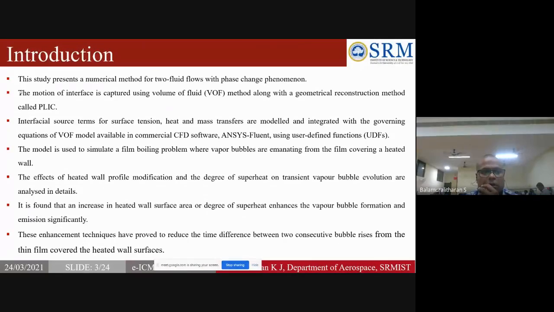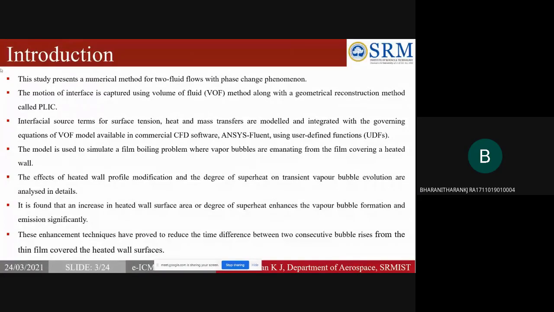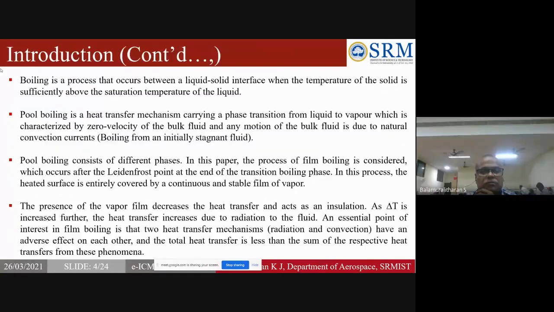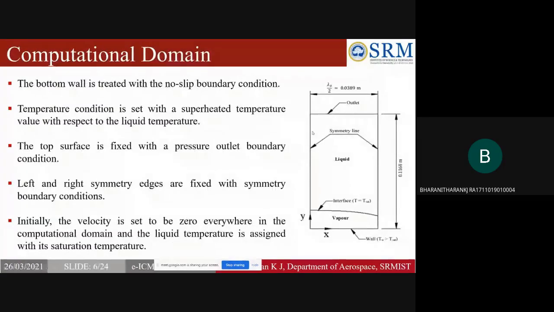Yes, sir, please go to the governing equation. Yes, this is the computational domain. The bottom wall is given a no-slip condition, the top wall is set as outlet, and the dimensions are given for each wall, and both side walls are given as symmetric.